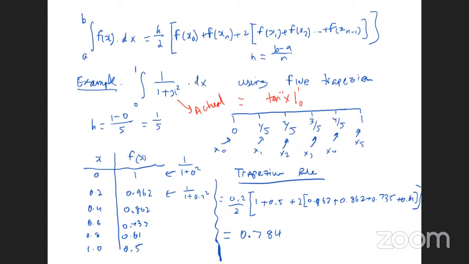How much did you all get? Remember to work in radians. Chelsea got 0.785. Okay, nice.